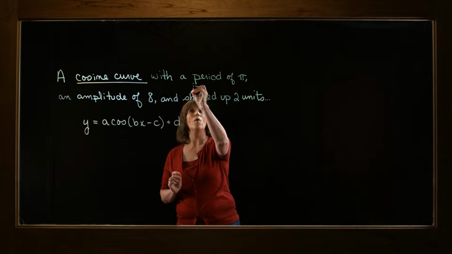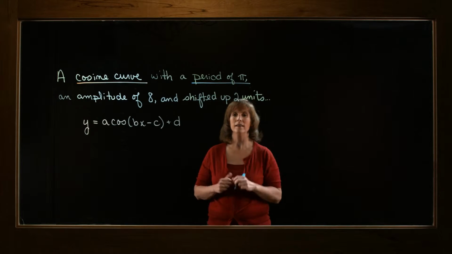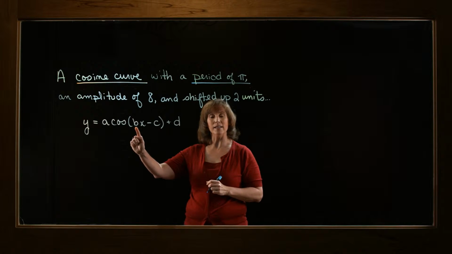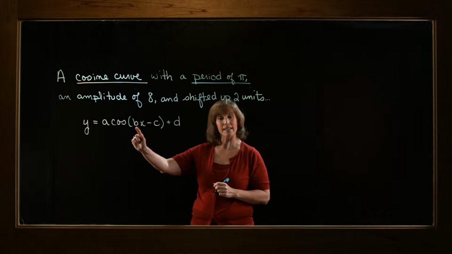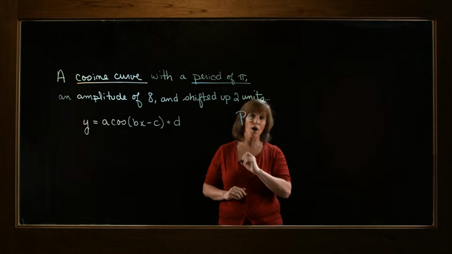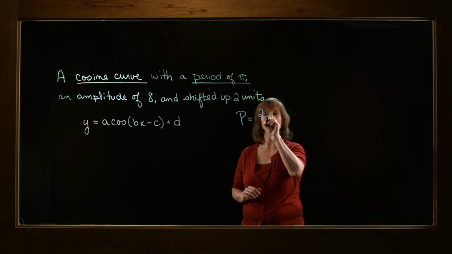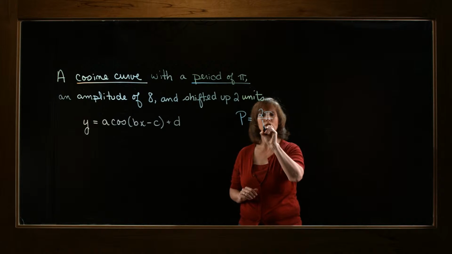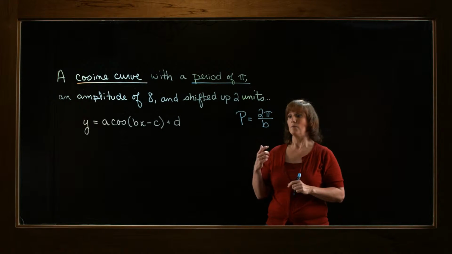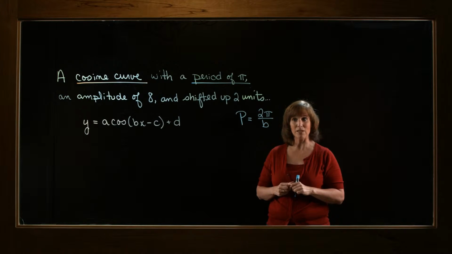I know that I want the period to be pi. Well, the literal b is what is going to control the period in this case. And I know that the period of a cosine curve is typically 2 pi. So if I take 2 pi and divide it by b, I will get the period of the function I'm interested in.